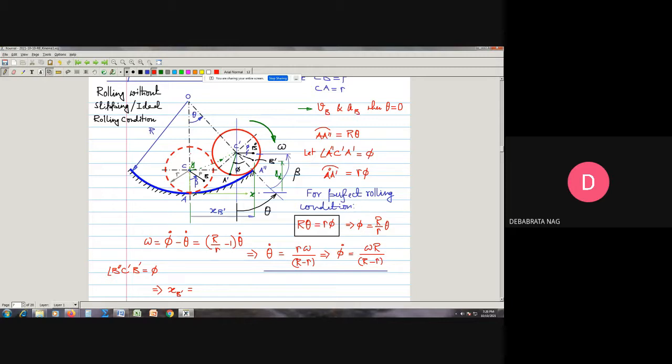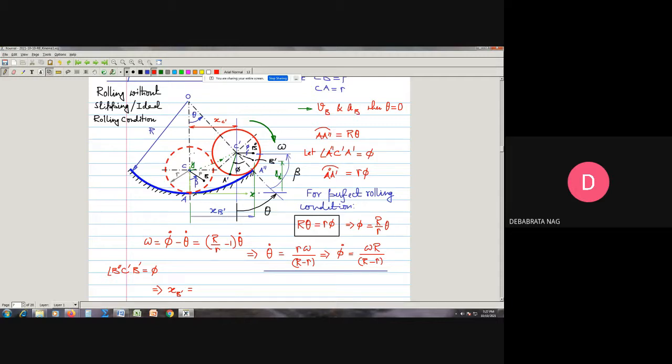From here to here, the C dash distance, that means XC dash, is definitely going to be this much distance. This is going to be our XC dash. So how much will XC dash be equal to? Now that is pretty simple.